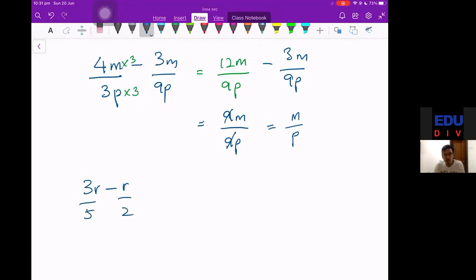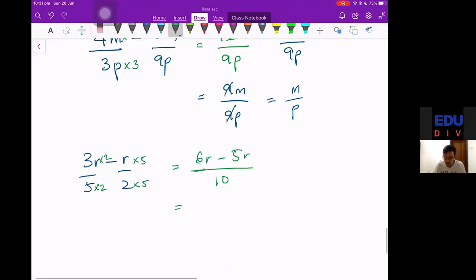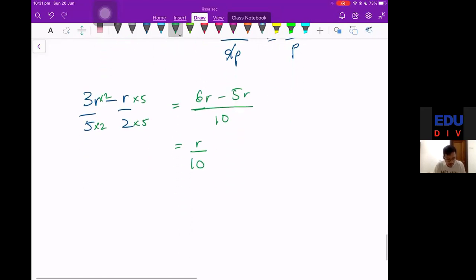The lowest common multiple of this is 10. So we need to multiply that by 2 and multiply this by 5. So we should get 6r minus 5r over 10. Let me write it like that so it's much easier for you to know. Because 6r minus 5r is just r over 10. So that's your answer.